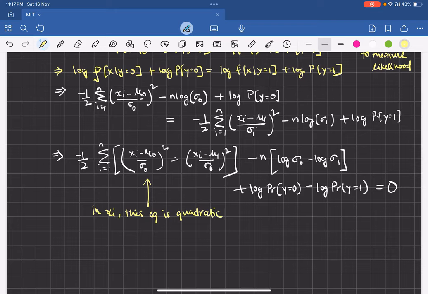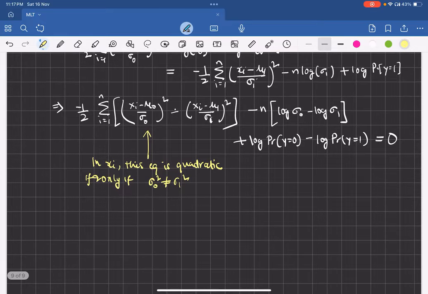But when will it be quadratic? It will be quadratic if and only if sigma naught square is different from sigma 1 square, right? Because if sigma naught square and sigma 1 square are equal, then the coefficients corresponding to xi square will cancel out. Let me write that down.